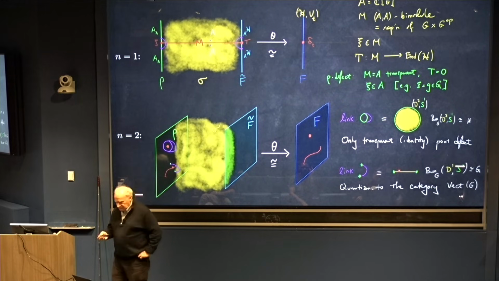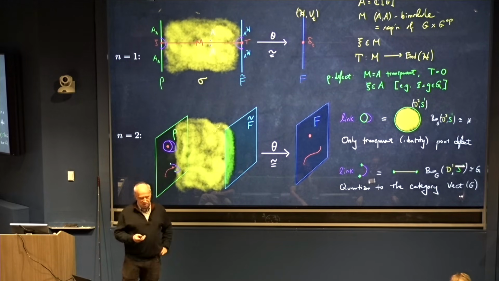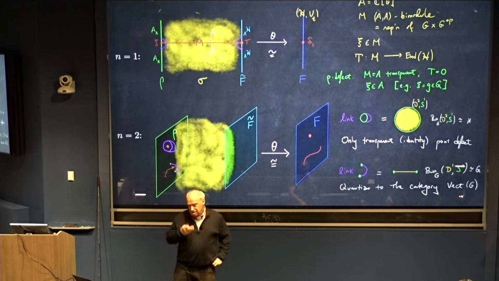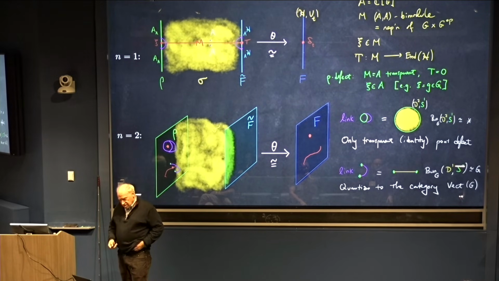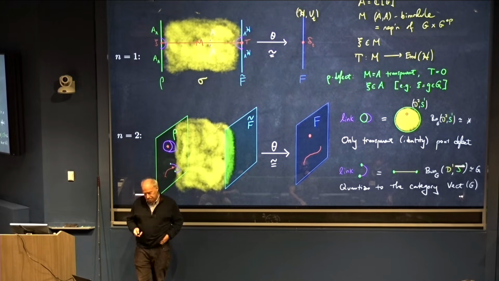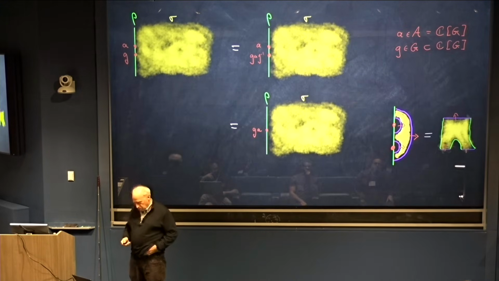And say in finite gauge theory, that's just the category of vector bundles, the underlying category to the fusion category. And similarly for this point in this dimension, the link is this disk. So it's a disk with this green boundary. So that's the way you compute.